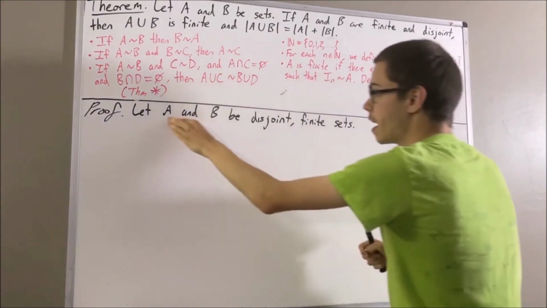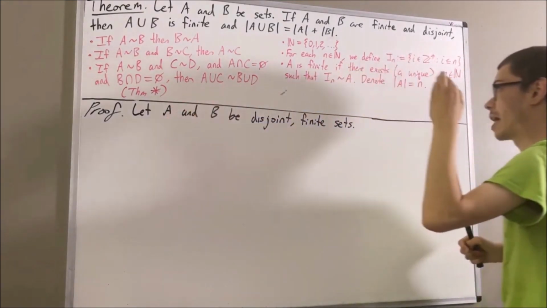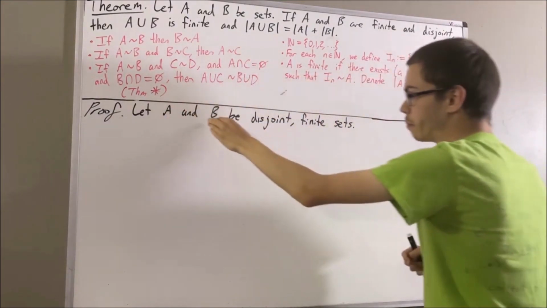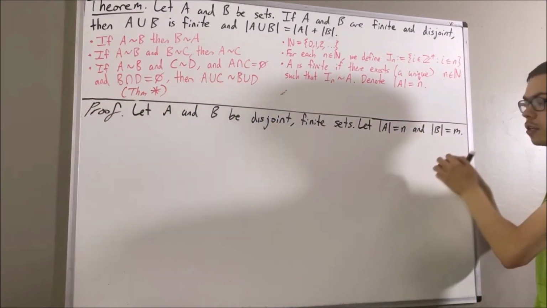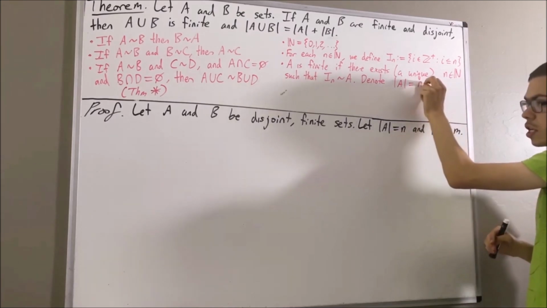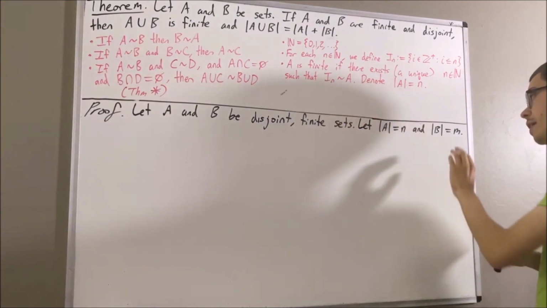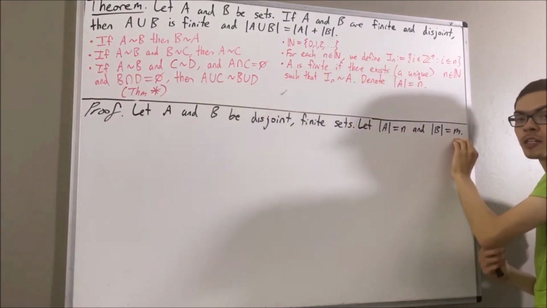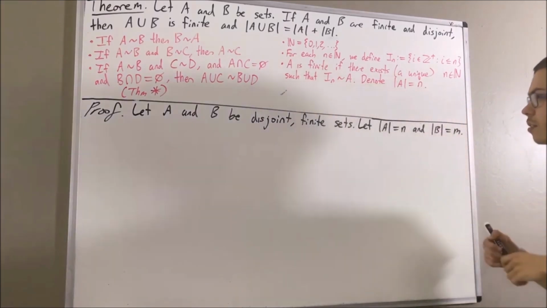So, since A is finite, we'll assign A to the natural number n, and we'll assign B to the natural number m. And what this means is that n is the unique natural number such that we have a bijection from In to A. Similarly, m is the unique natural number such that we have a bijection from Im to B.